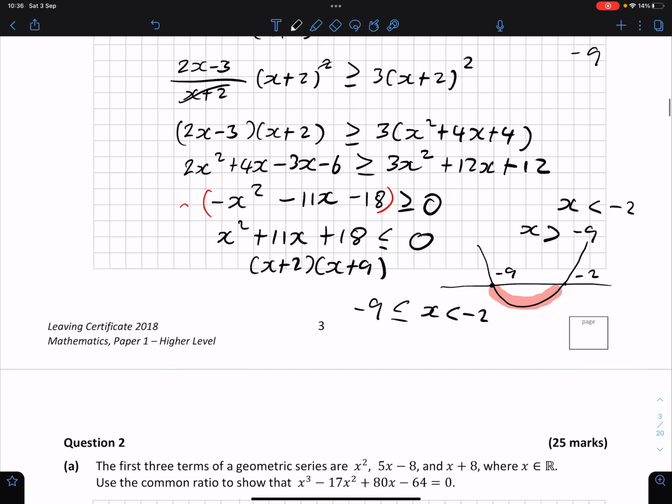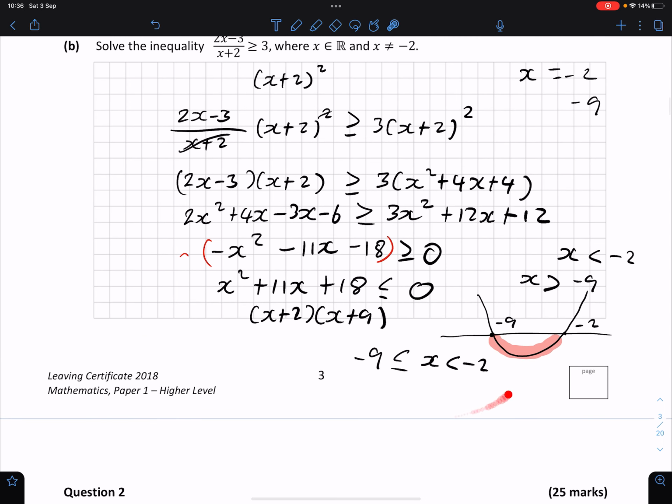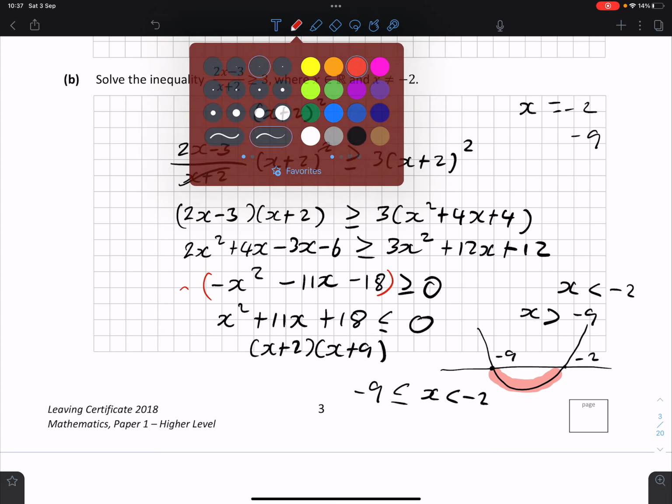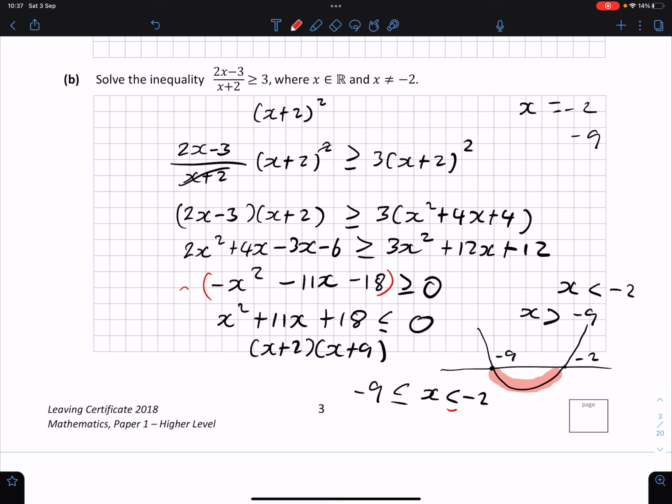Now, this last part is quite important, and it's a part that's often overlooked. One very silly mistake a student might make at this point is to say the answer should be x is less than or equal to minus 2. Well, that's wrong, because we're told initially that x cannot equal minus 2.